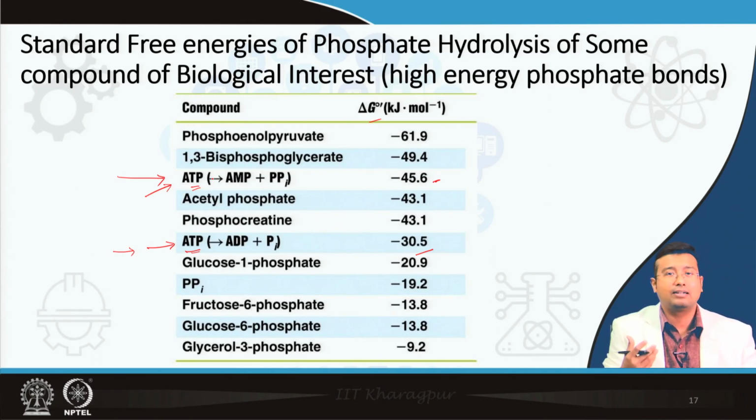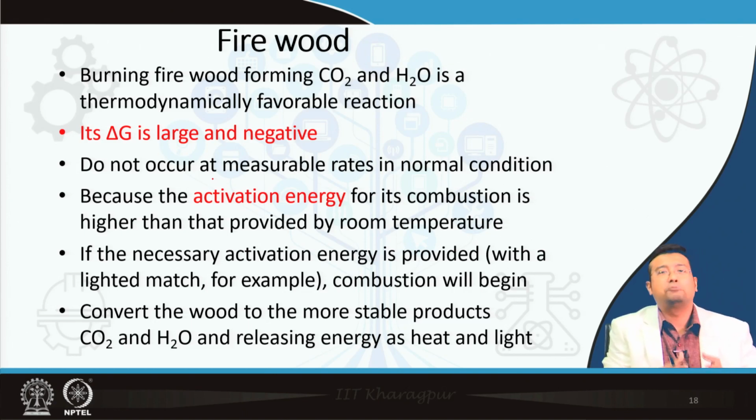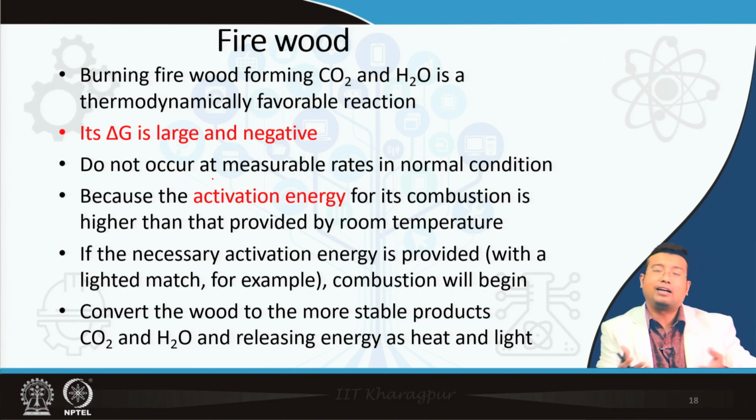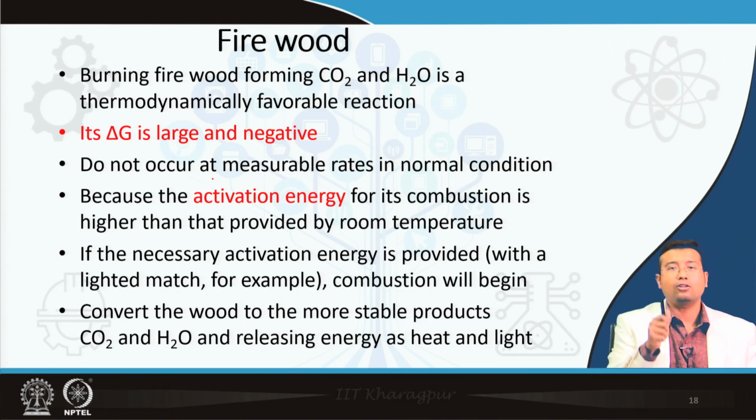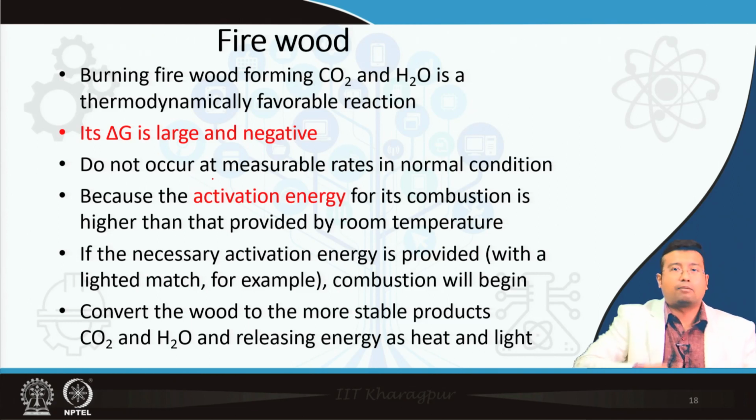So this is a common example of firewood that we have studied in our NCERT physics textbooks in classes 5, 6, 7 nowadays. Basically we are considering the concept of burning firewood in our fireplace.